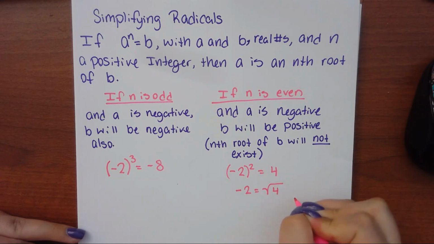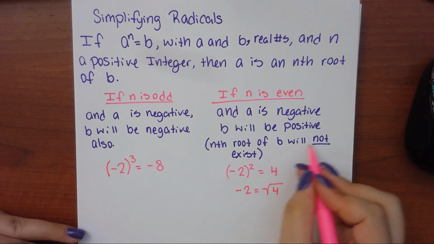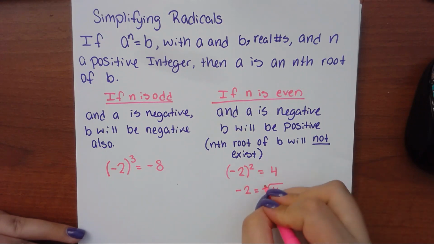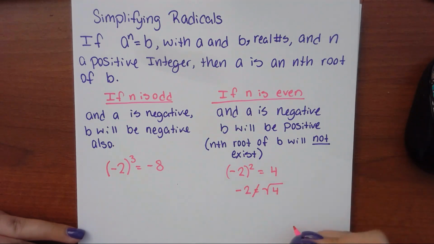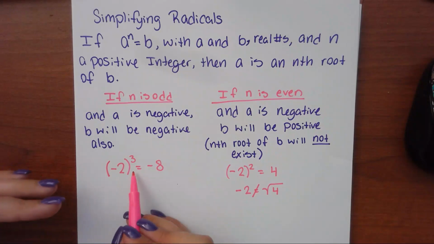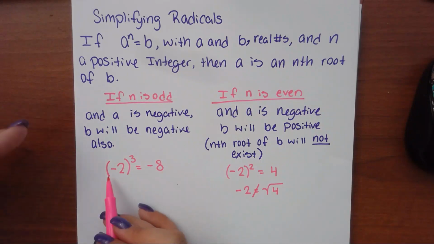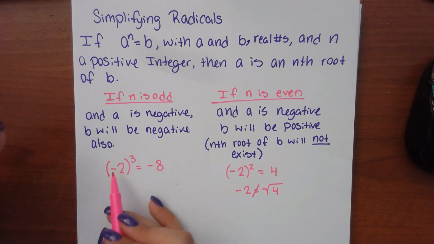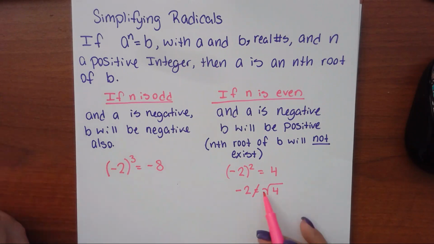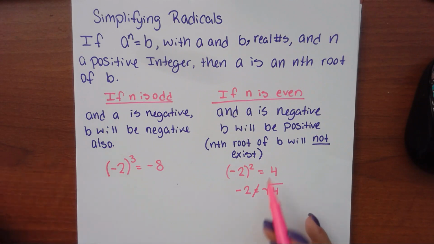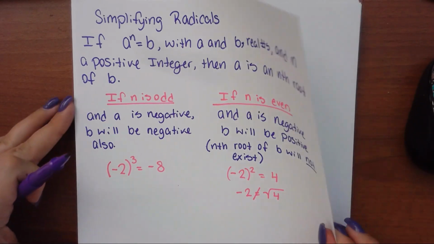So the nth root, the square root, would not exist. So this actually does not exist. It's okay to work backwards with odd exponents, but it's not okay to work backwards with even exponents, is what I'm trying to state. And we'll talk more about that later in another video.